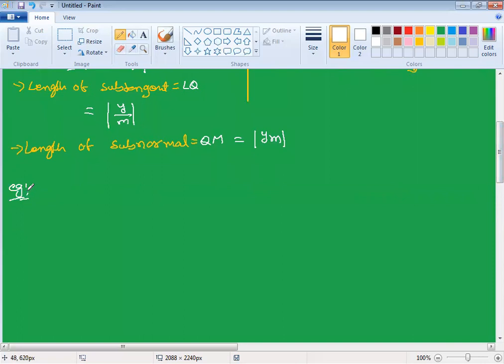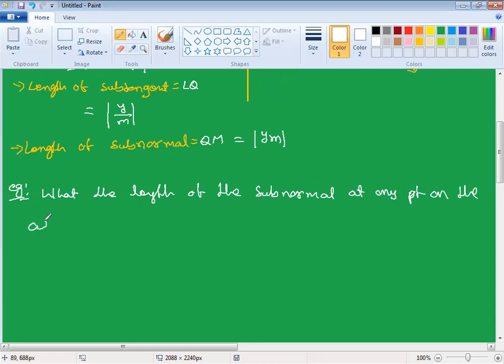So example one, a very easy question I will give you. What is the length of the subnormal at any point on the curve y square equal to 4ax?